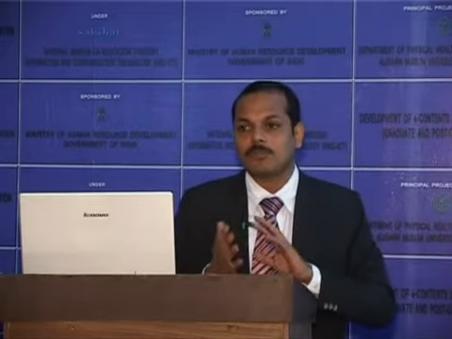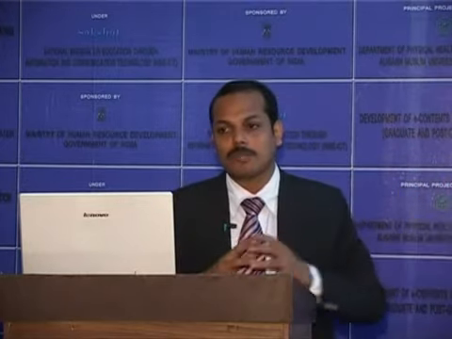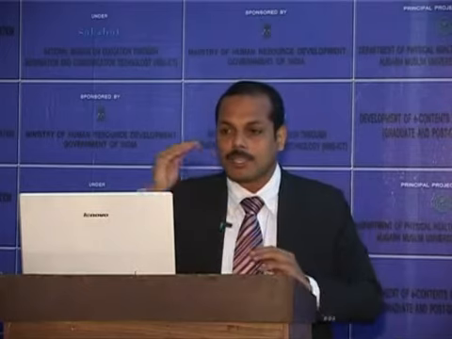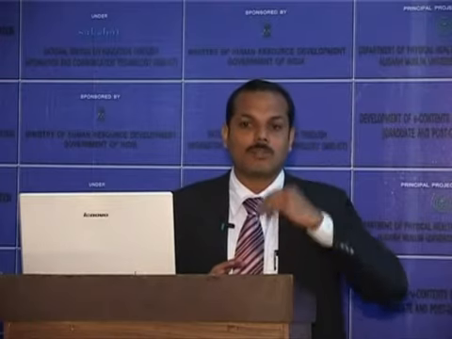Now we will go through the kinematics, the different movements in the knee joint, and kinematics again can be classified into two categories. The first one is arthrokinematics and the second one is osteokinematics. Arthrokinematics means what is happening inside the joint, and osteokinematics means the same movement seen outside the joint.